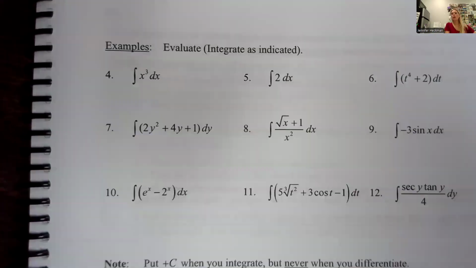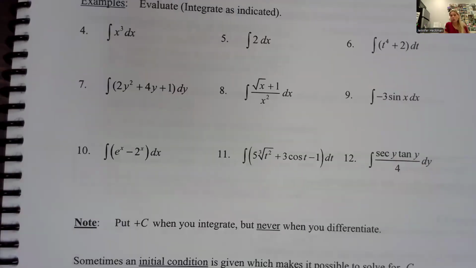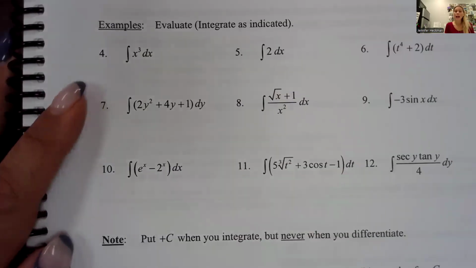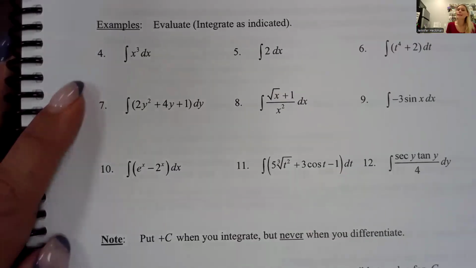All right, let's see. Now we're going to do some practice. Okay, now we're only going to deal with these rules that I just went over. Okay, so as you can see, just like with derivatives, I want you to identify the rule before you do any work. Okay, so if I look at number 4, I'm taking the integral of x cubed, which means this is a power rule.